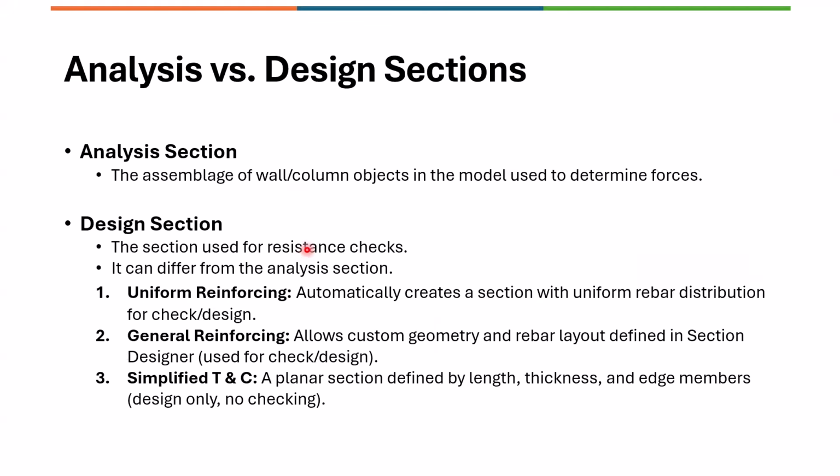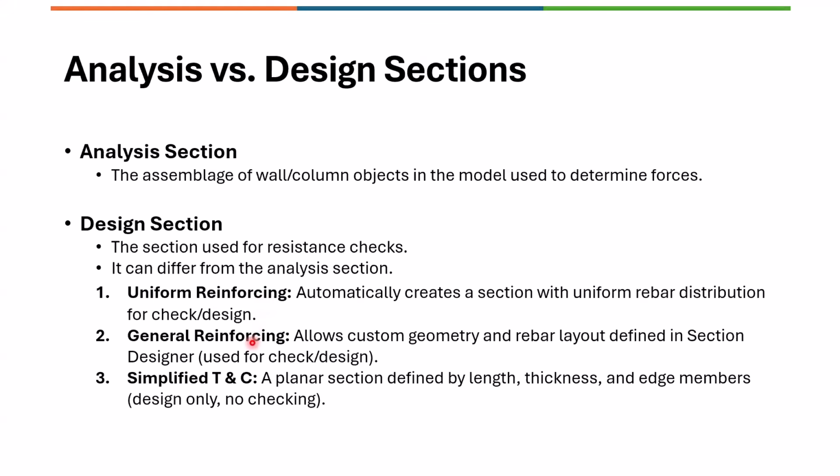Then we have the analysis and the design section. Analysis, I just mentioned earlier, the analysis section is what you have modeled using the shell elements for the walls. And then the design section is what you have assigned the pier labeling to it, right? And then we have several procedures. Uniform reinforcing, which is the default action the program will take. You don't modify anything.